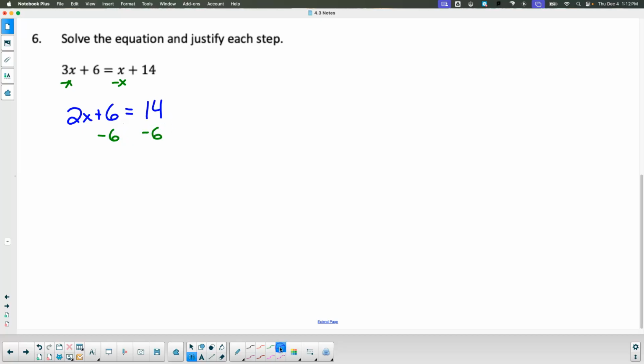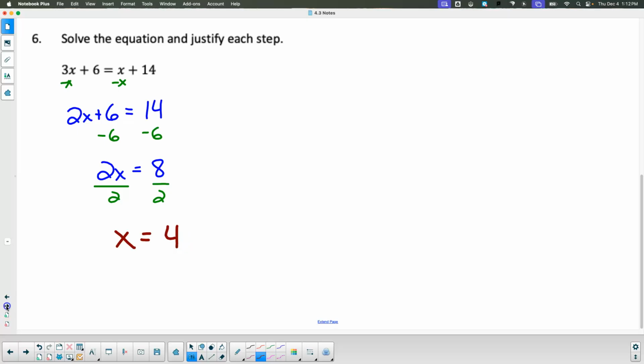Leaves me with 2x equals 8. Then divide 2, both sides, gets me x equals 4. 4 times 3 is 12. 12 plus 6 is 18. 4 plus 14 is 18. 18 is equal to 18. Questions on any of those?